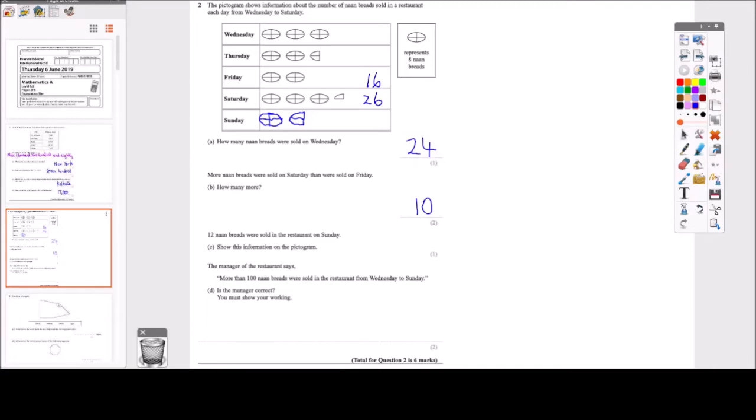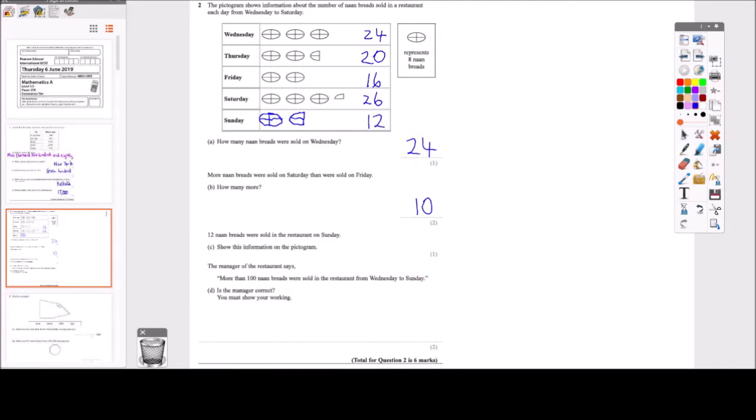Right, the manager of the restaurant says more than 100 naan breads were sold in the restaurant from Wednesday to Sunday. Is that correct? Let's have a look. Wednesday was 24. Thursday, 8, add 8, add 4, so 16, 17, 18, 19, 20. And we're doing it from Wednesday to Sunday, so we also need to include the 12 on Sunday.